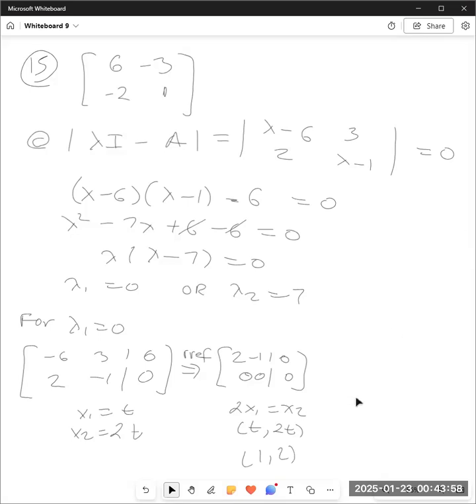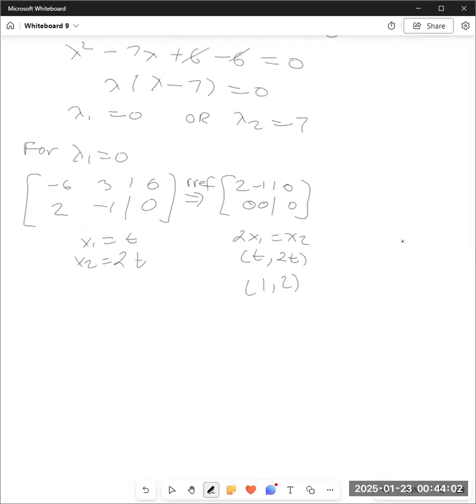Okay. And then for lambda 2 is equal to 7, then I'm going to have 7 minus 6, 3, 2, 7 minus 1, augment 0, 0.